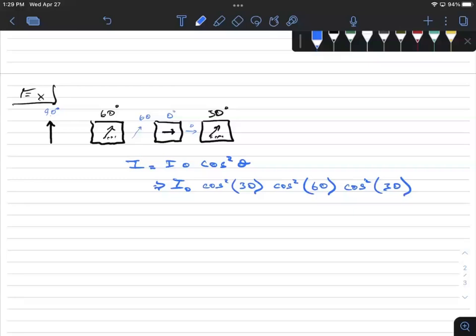So 60 minus 0 is just 60. Now I've made it past him. I'm now at 0 because that was that guy's filter. And so now I'm trying to go from 0 to 30. 0 minus 30 gives me, of course, negative 30, but I already said in a previous lecture, don't worry about negative angles, just make them positive angles because it's the same number. So I put 30.